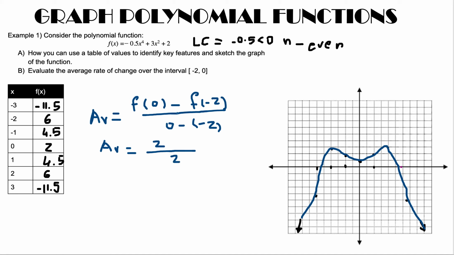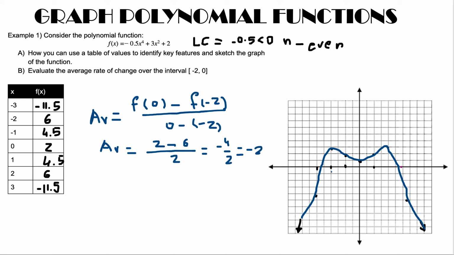So let me write it down. Here is a negative, and f(-2) is positive 6. So it's 2 minus 6, which is -4, divided by 2, which is -2. So the average rate is -2.